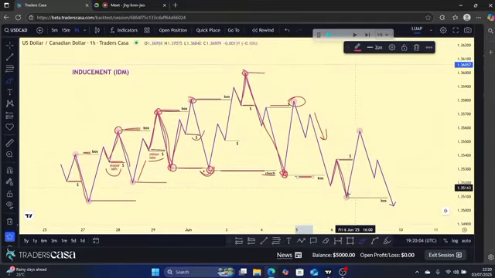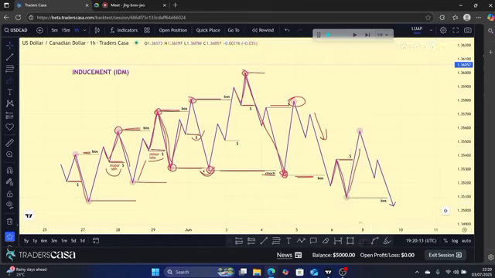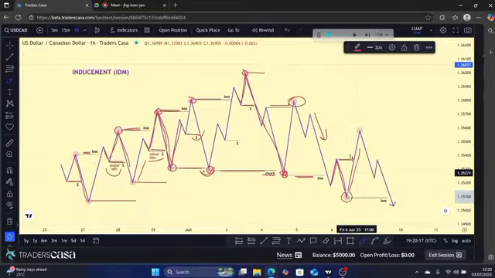Then you can clearly see price retraced back and took out the major inducement. This means that price has confirmed this low to be a swing point, as price retraced back and grabbed this. So price retraced back, grabbed that major inducement.